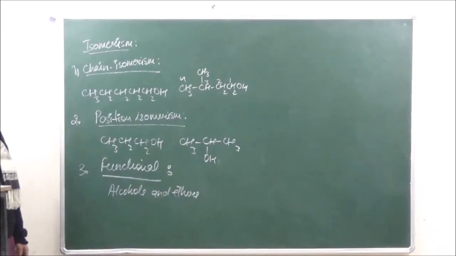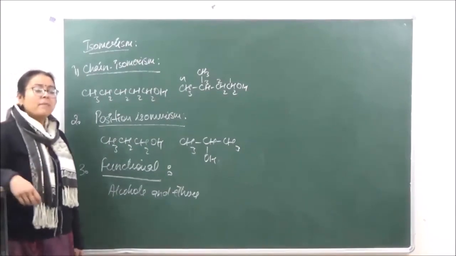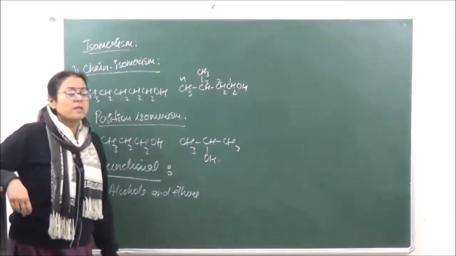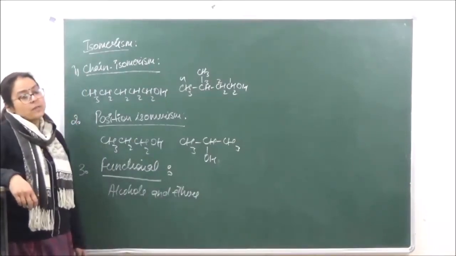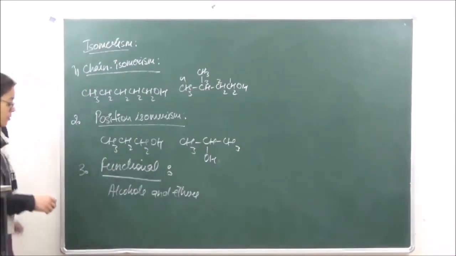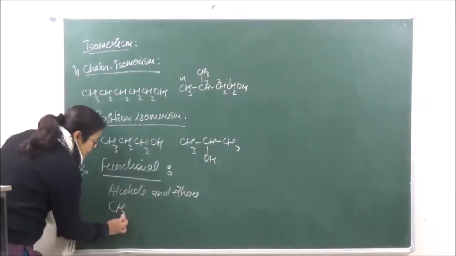So when they are functional isomers, they are going to have different sets of chemical properties. The physical properties may or may not be the same for the same number of carbon atoms, but the chemical properties will depend upon the type of functional group, so the chemical properties of functional isomers are always different.